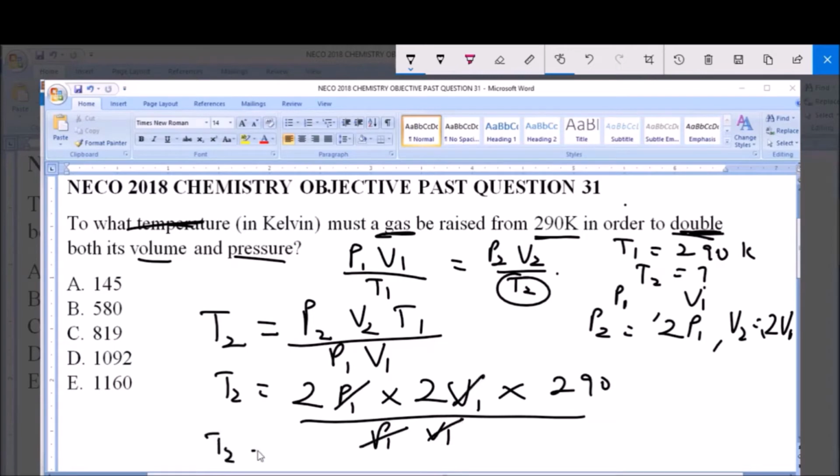So T2 is equal to 2 times 2, which is 4, times 290, which is equal to 1160 Kelvin. So this is the temperature to which you must raise this gas in order for its volume and pressure to be double. So 1160 Kelvin is option E, which is the correct answer to this question.